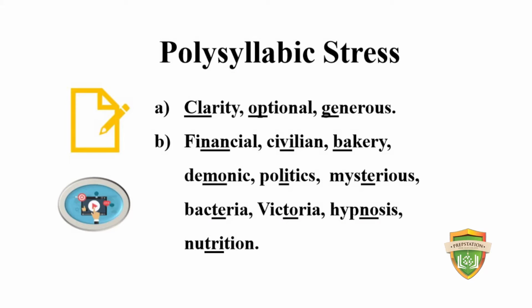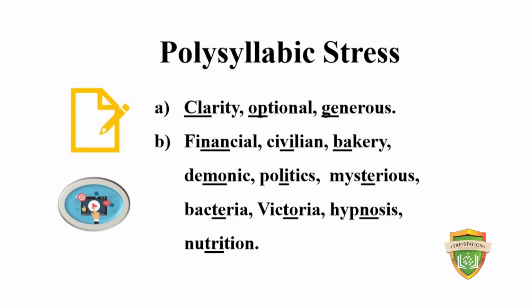Then for optional, you also have three syllables. Optional. So the word ends with AL. So the stress has to fall on the third syllable, counting from the end. So the first syllable at the end is NAL, the second one is TO, and then the third one is OP.